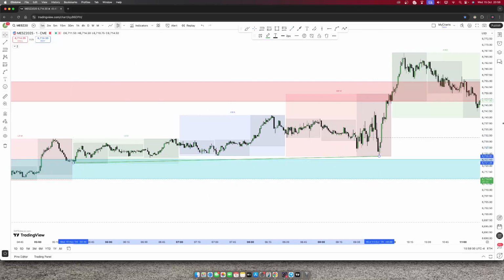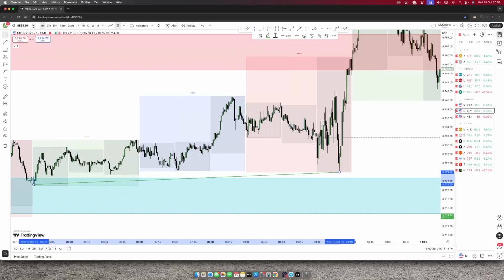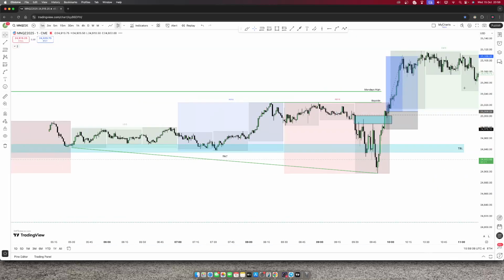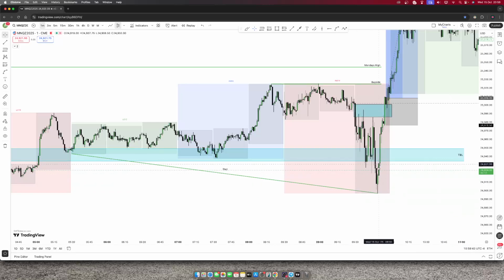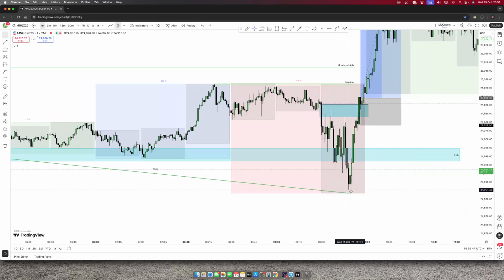Right there. Can you see that ES failed to take out that 530 low, whereas on NQ we did take out that 530 low. At this point, all we had to wait for was the change in the state of delivery before we can identify that this is the smart money reversal at 949.